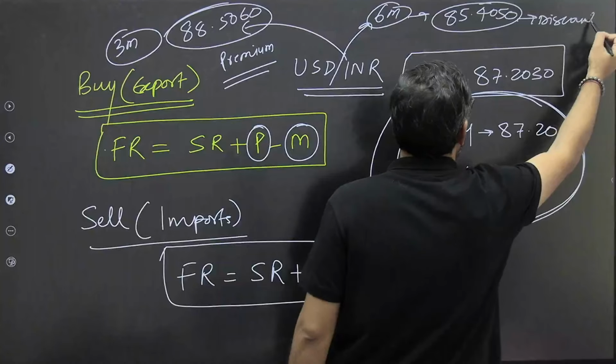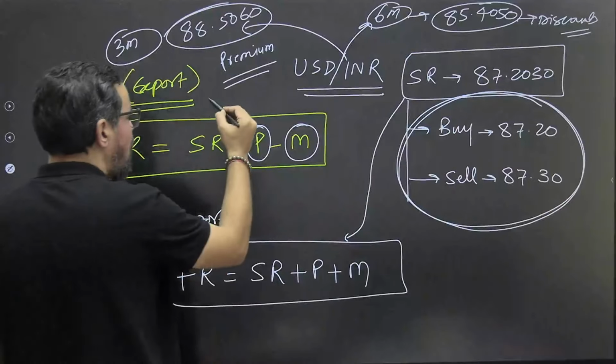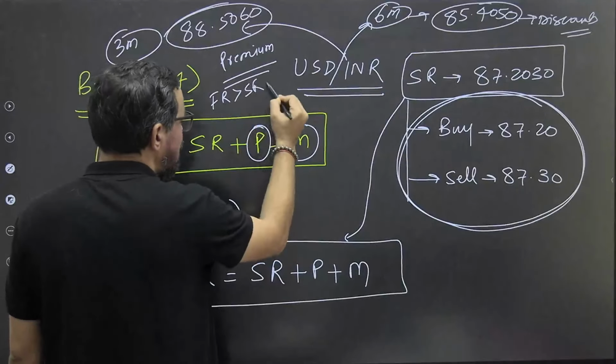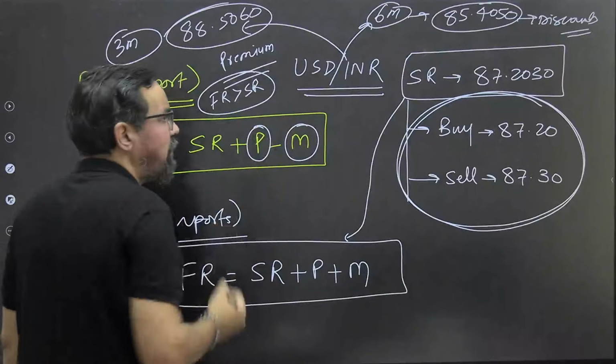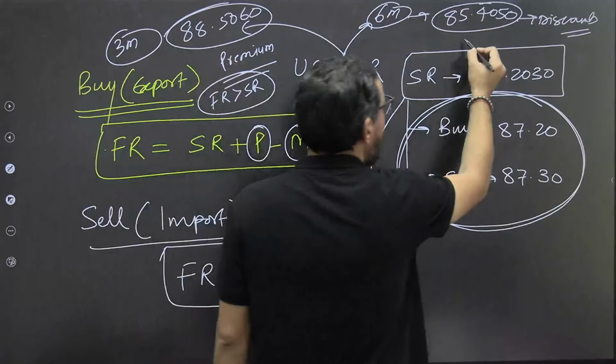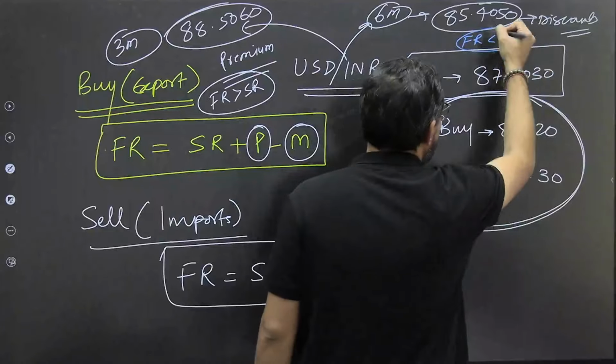Yesterday also I talked around this. So premium means when your forward rate is greater than the spot rate. Just do remember this particular one. And discount is when your forward rate is less than your spot rate, as you can see in this particular one.